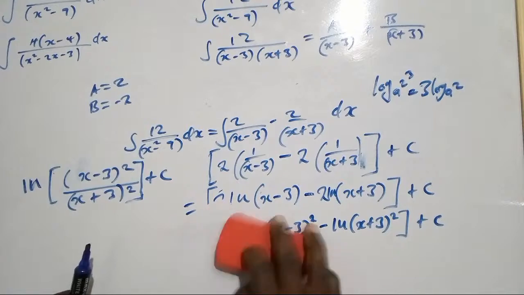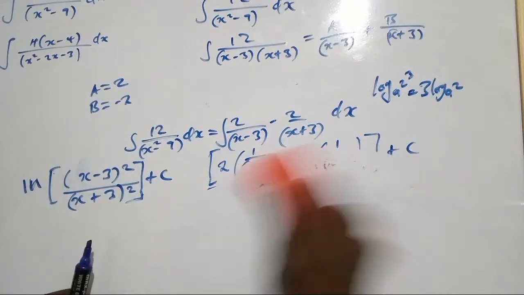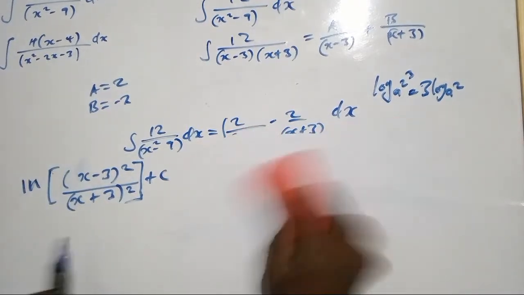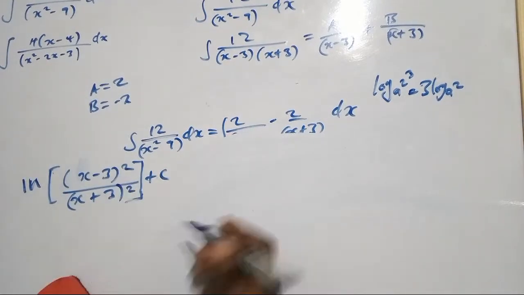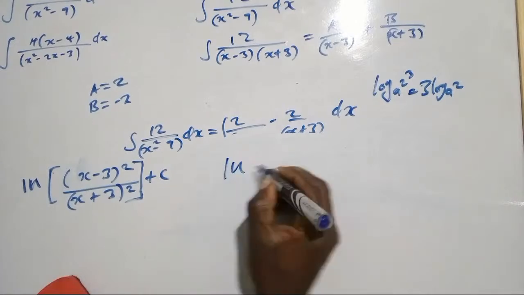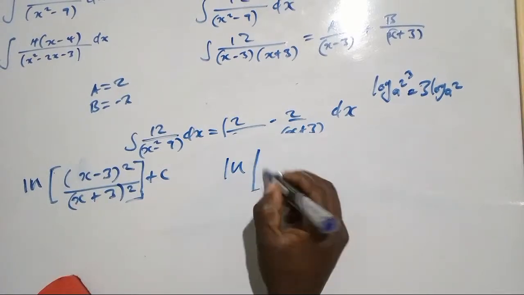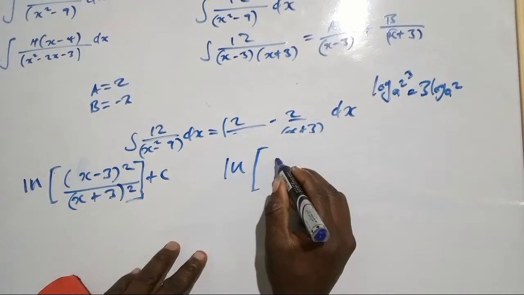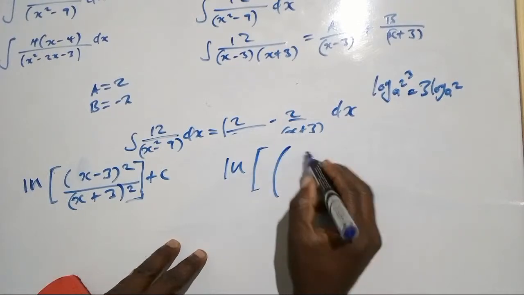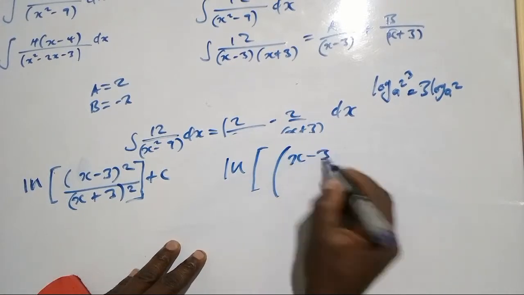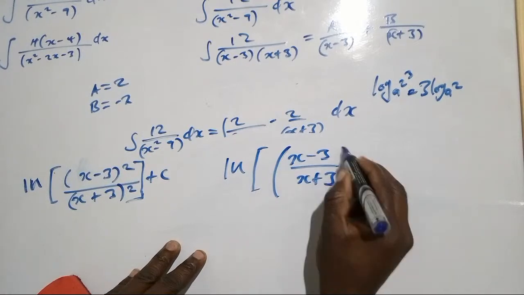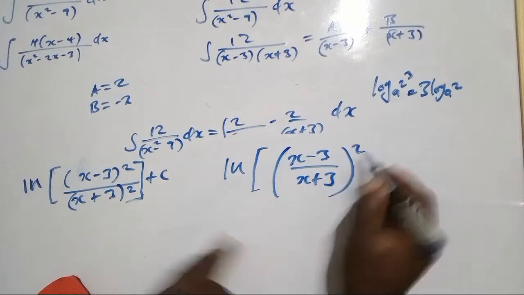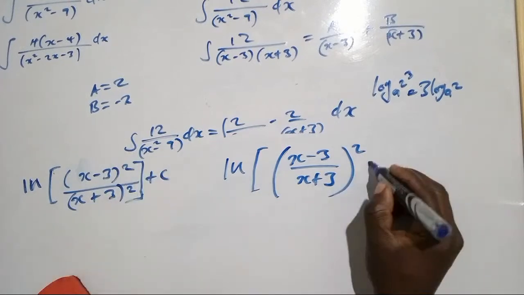In which here we can conclude this answer to be, because we're having the same power, the natural log of open bracket x minus 3 over x plus 3, to the power 2, plus c.